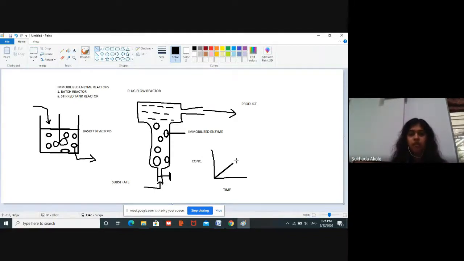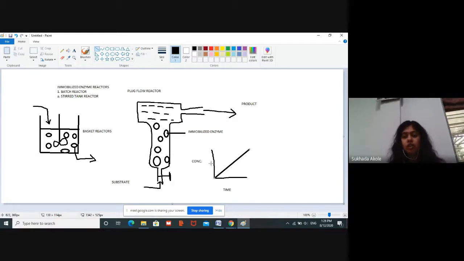For example, I want to see how much glucose my enzyme converts to fructose in 10 minutes. So what I will do is add the substrate, which is my glucose, and after every 10 minutes I will take out my product, calculate the concentration, get a standard graph, and ultimately for the unknown I will drop down.